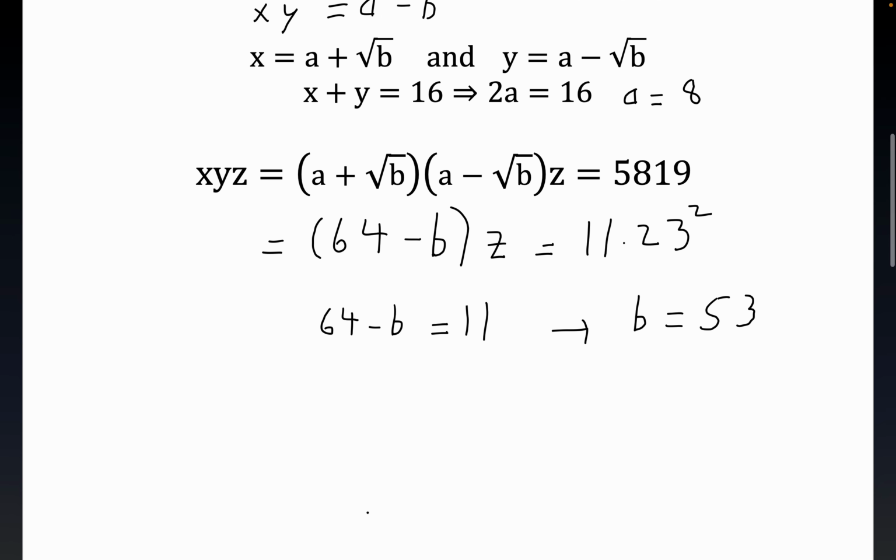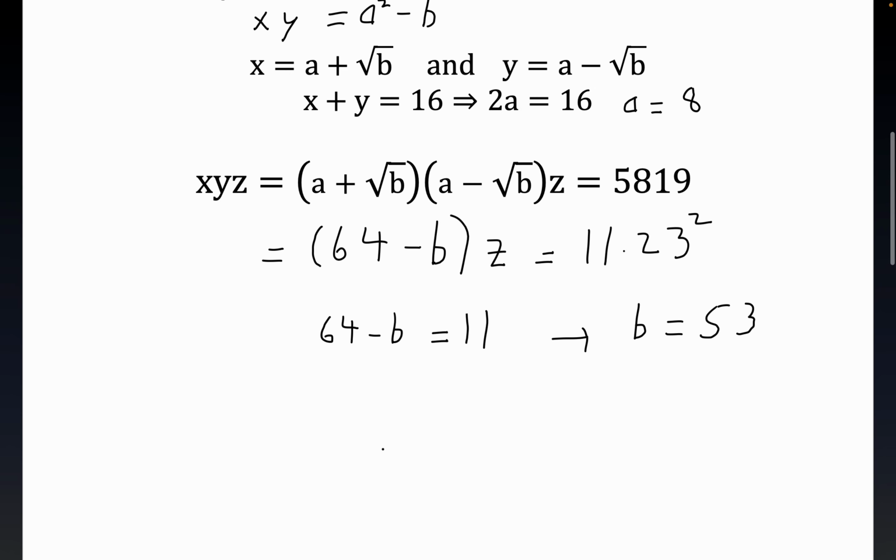Knowing that a is equal to 8, we can actually write down a solution here, and I'll write it in two different forms. You could write down 8 plus the square root of 53, times 8 minus the square root of 53, and then times 23 squared.